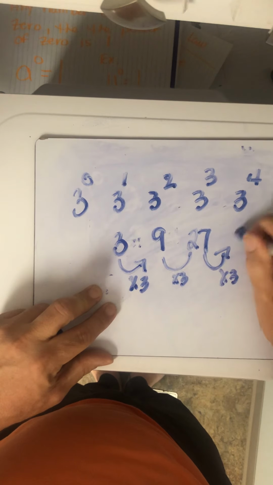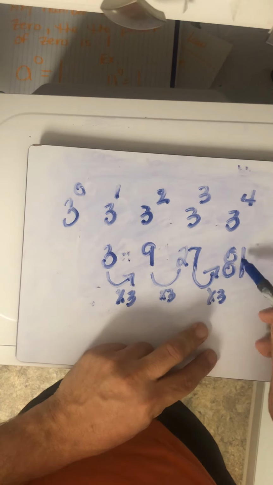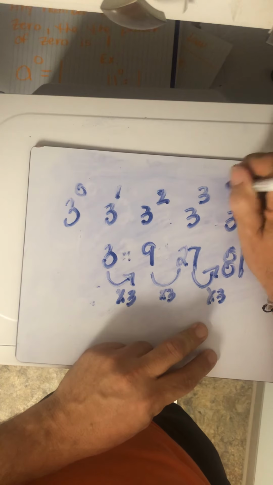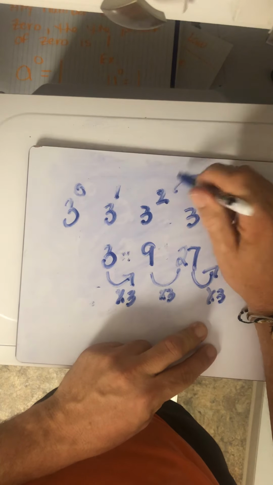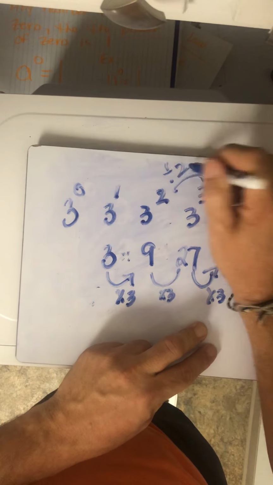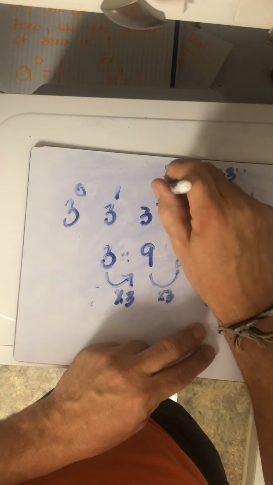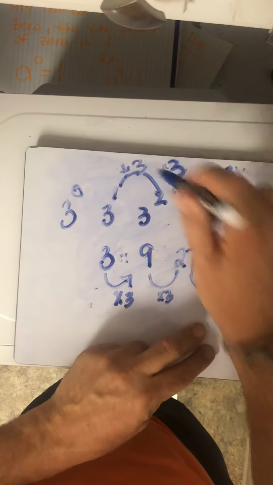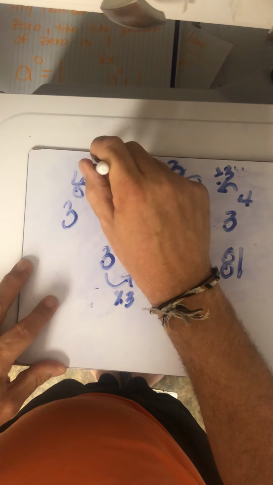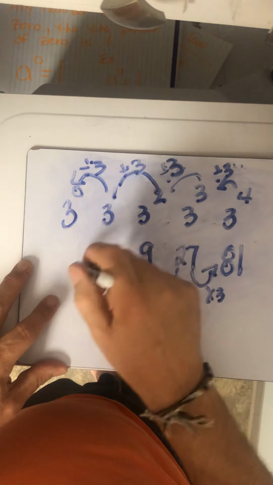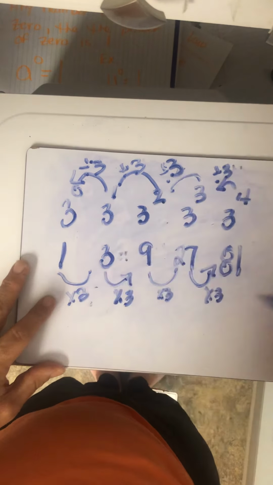Times 3 is 81. Well, going backwards, are we dividing by 3 every time? Yes. 81 divided by 3 is 27. 27 divided by 3 is 9. 9 divided by 3 is 3. Well, keep the pattern going. Divide by 3. That means 3 to the 0 is 1. 1 times 3 is 3.